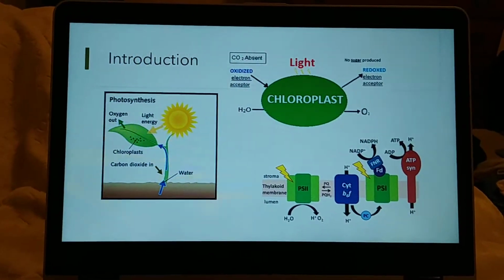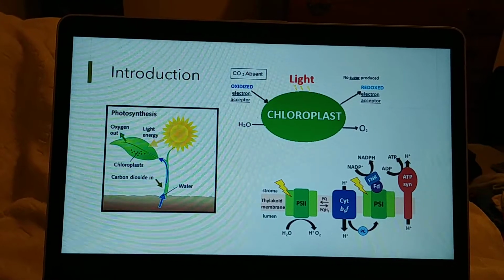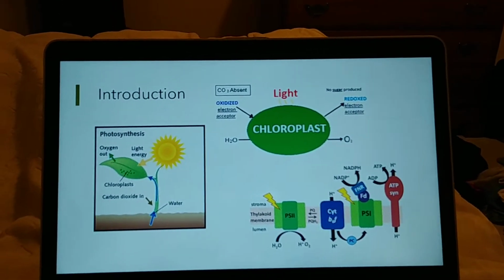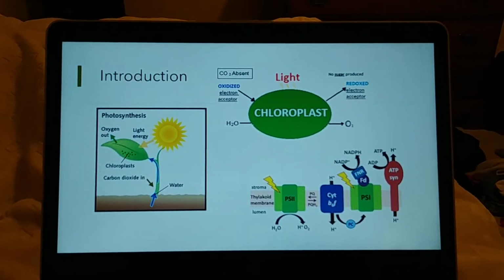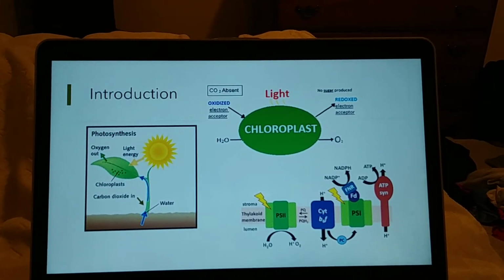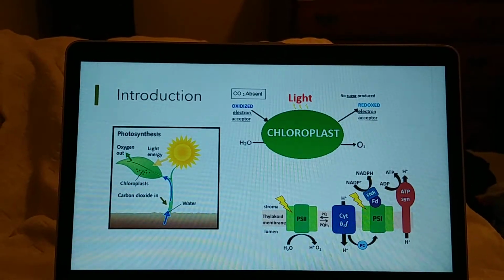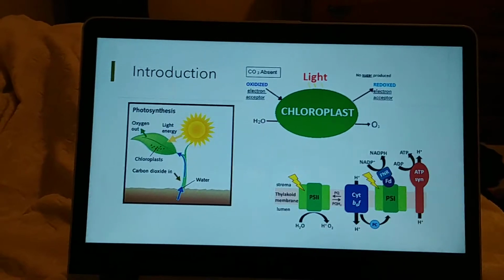So the light reaction happens when chlorophyll absorbs light, which is shown in photosystems 2 and photosystems 1 by the yellow lightning bolt thing, and it happens in the thylakoid membrane. So the high energy electrons are released, and those electrons move through electron carriers, which again is in the thylakoid membrane.